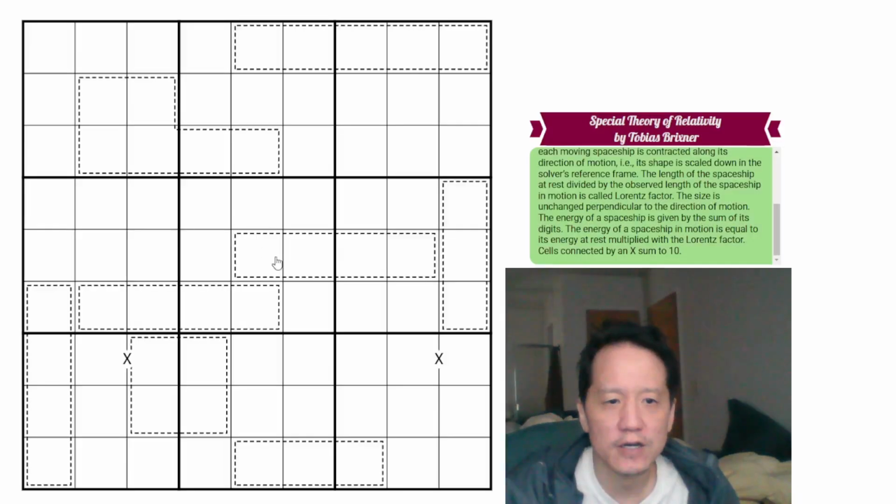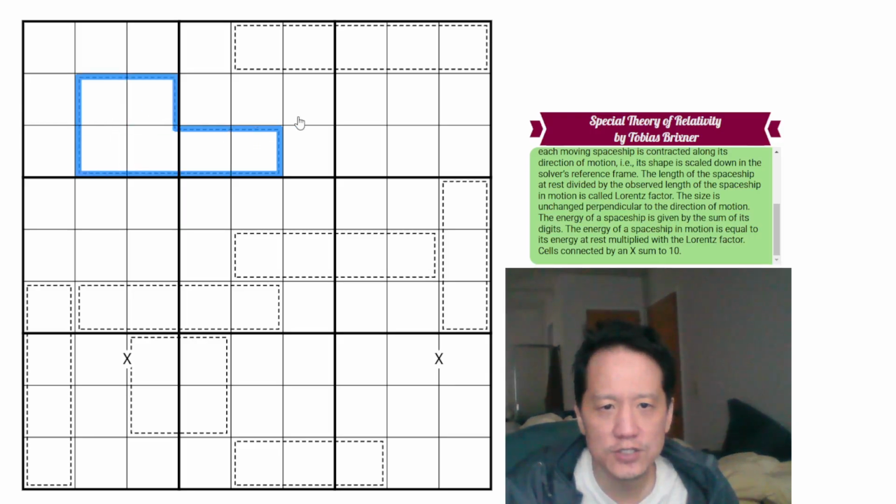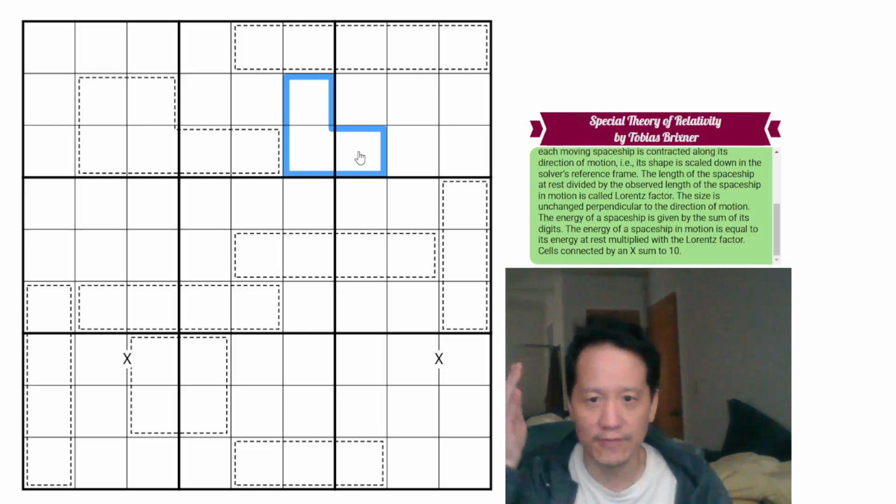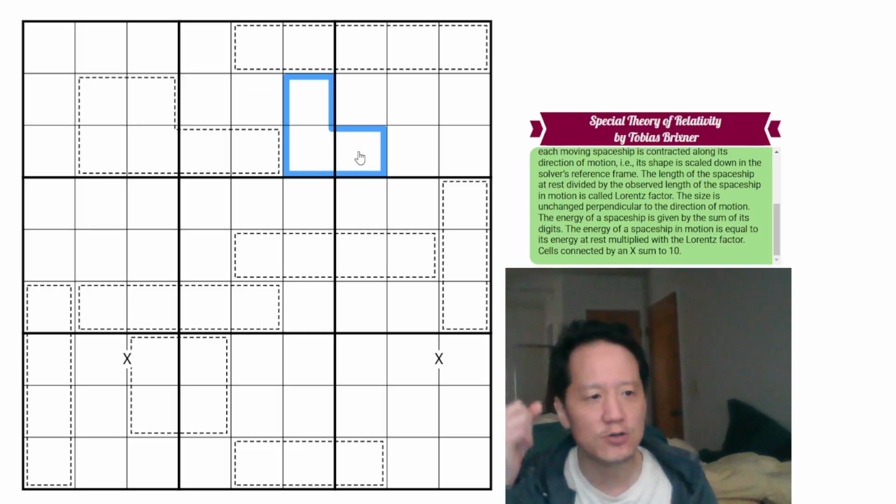Let's go. Okay, so from what we learned, this has to become a smaller version of itself, and the factor has to be 2. Because the Lorentz factor has to be a single number, right?